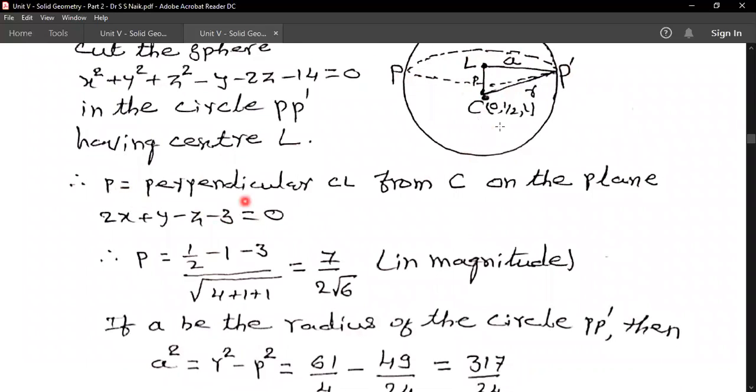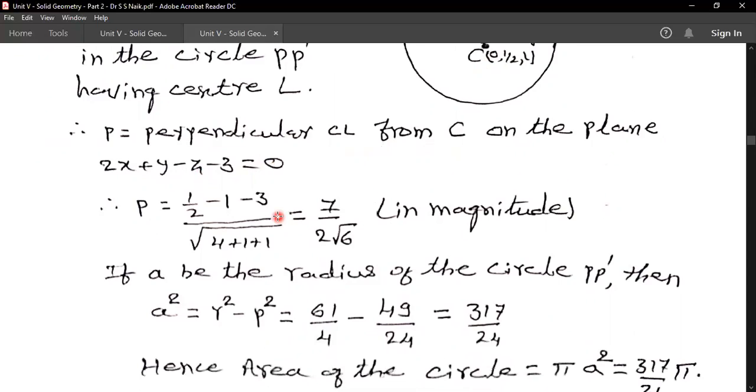Now P is equal to LC. C is the center of the sphere, L is the center of the circle. C is already known to you, which is at the point (0, 1 by 2, 1). P is equal to the perpendicular CL from C on the plane 2x plus y minus z minus 3 equal to 0.